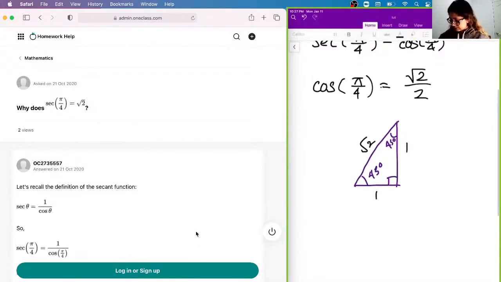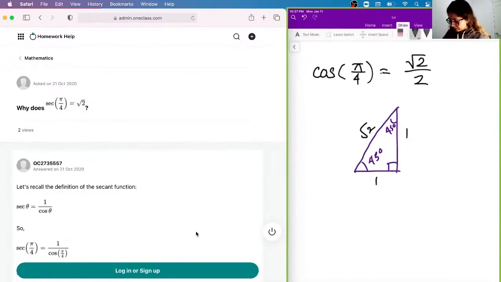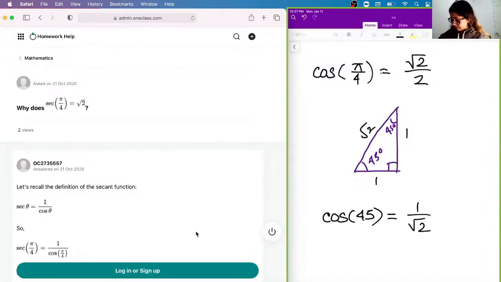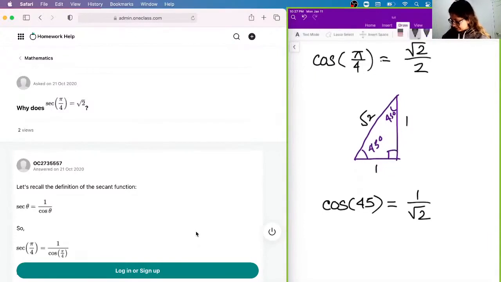And so cos of 45, which is basically pi over 4, is adjacent over hypotenuse. So adjacent would be 1 over your hypotenuse, which is square root of 2.